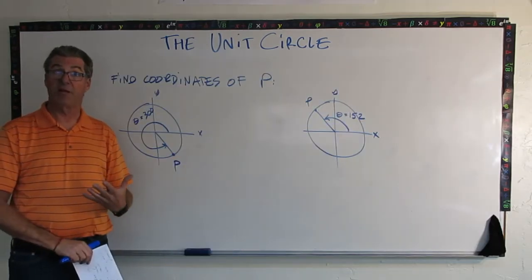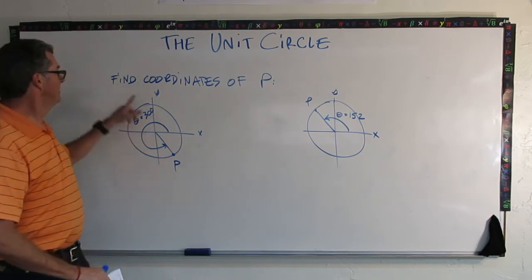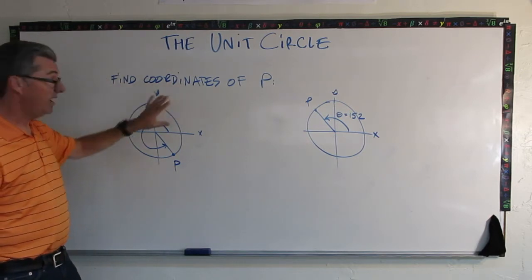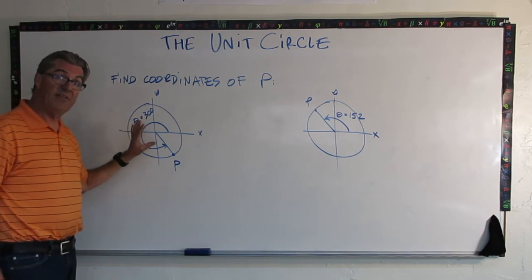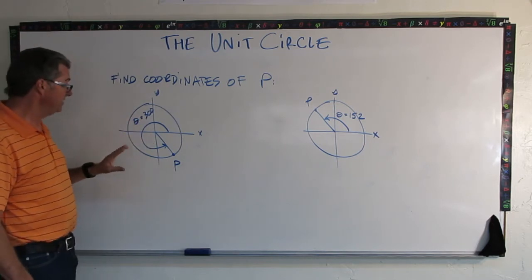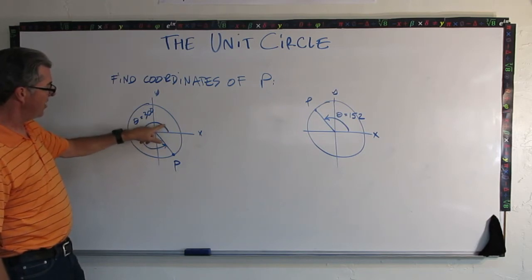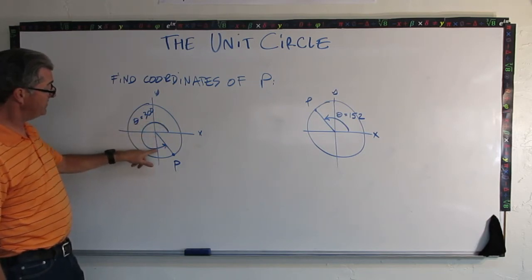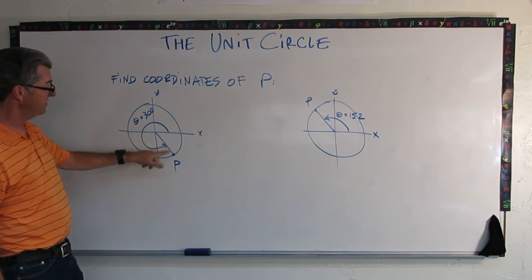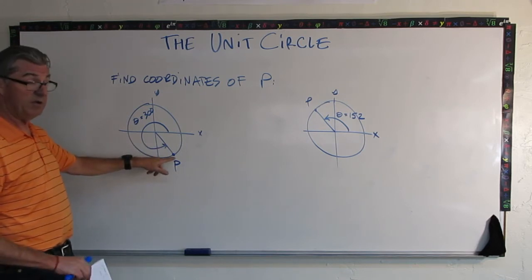Okay, another type of problem you might get will look like this. Find the coordinates of P. Now they're giving you the unit circle, and they're asking you to figure out what P is. So for this first one, our theta is 300, so we've gone all the way around past 270 to 300 degrees, and here's our P that's out there.